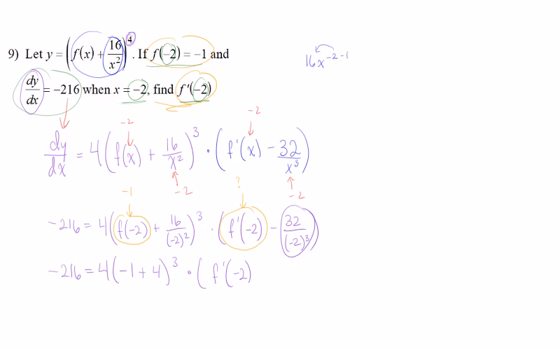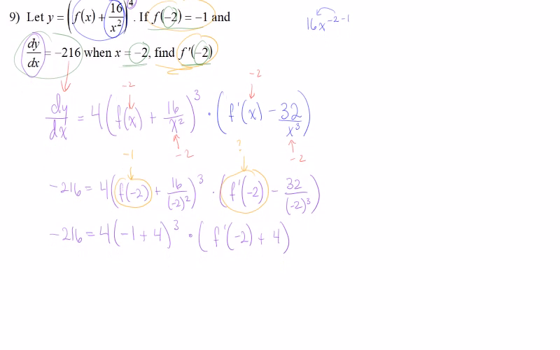And then here we have 32 over -2 cubed. -2 cubed is -8. So -32 divided by -8 is +4. All right, so now I'm going to combine these values. So -1 plus 4 is 3, and then we have 3 cubed. And 3 cubed is 27.